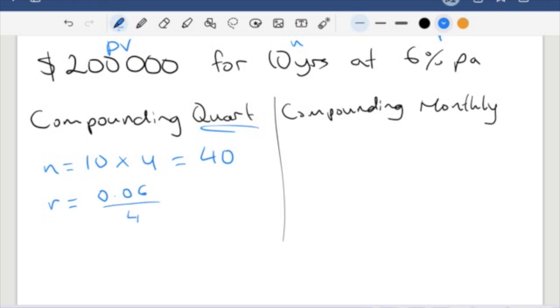Same thing on the other side. Because this is compounding monthly, so 12 times every year, we're going to take 10 and multiply it by 12. That gives us 120, and our rate is going to be 0.06, and because it's monthly, I'm going to divide that by 12 because there are 12 months in 1 year.